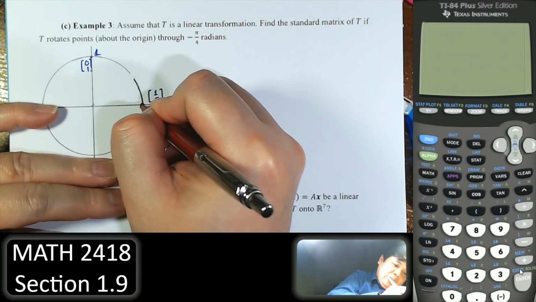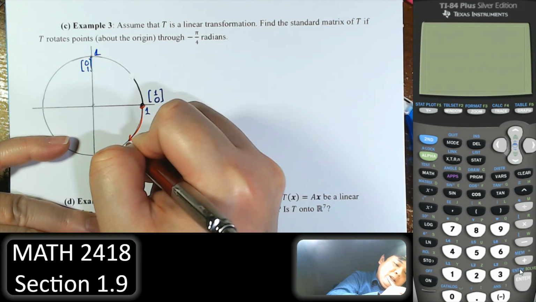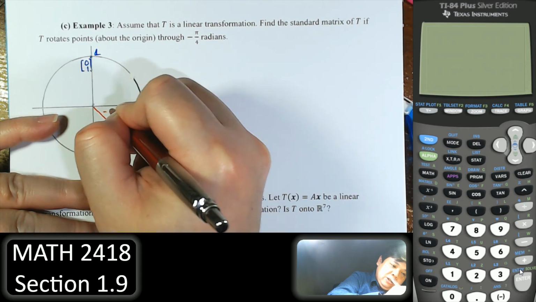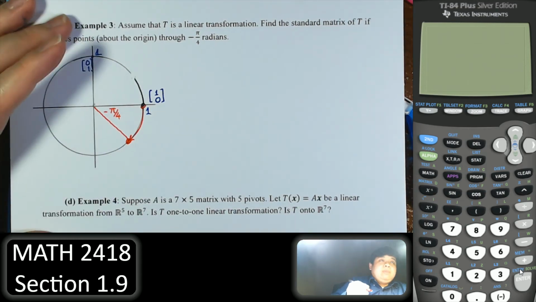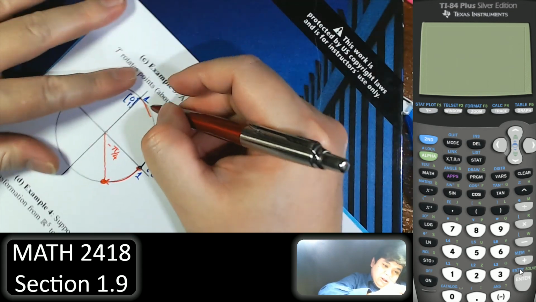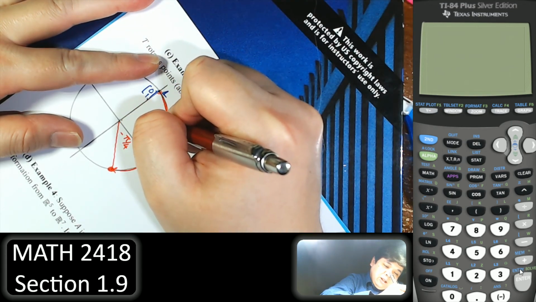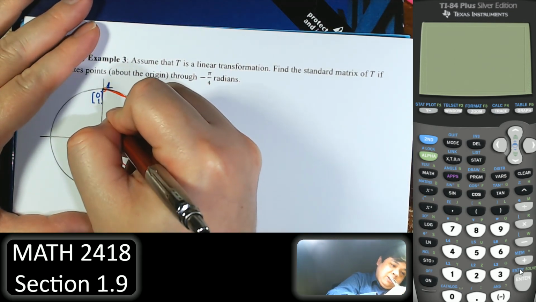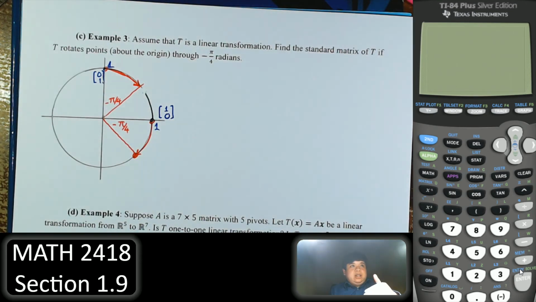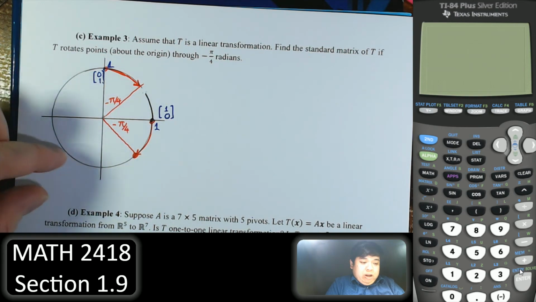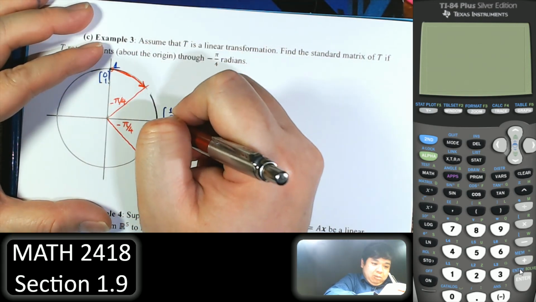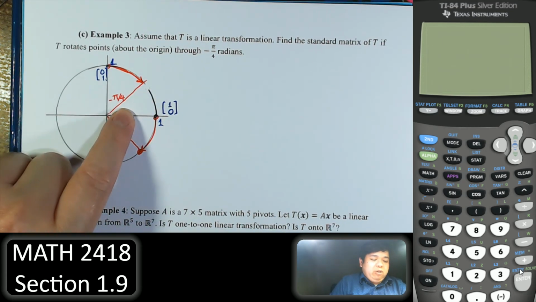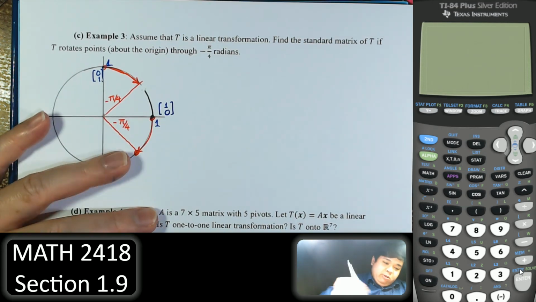So this point will go here, and this point we go here. Everything rotates negative pi over 4, so it should be clockwise. So that point goes here and that point goes here. The angle, of course, is 45 degrees or pi over 4. So this is also pi over 4.